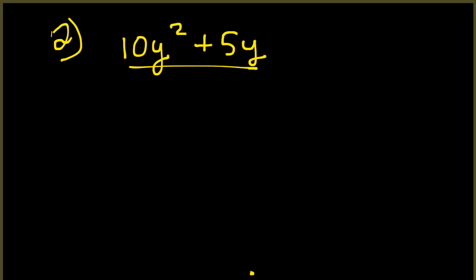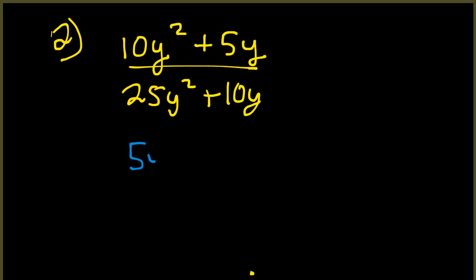Okay, 10y squared plus 5y all over 25y squared plus 10y. The directions are simplify. So step 1, I factor. I can divide out a 5y.